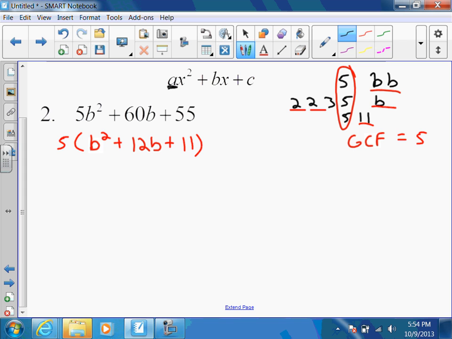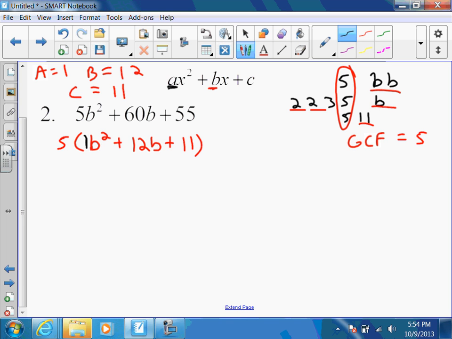We have a 1. So A is 1. B, we find in front of the b term. So we have a positive 12. And C is positive 11.